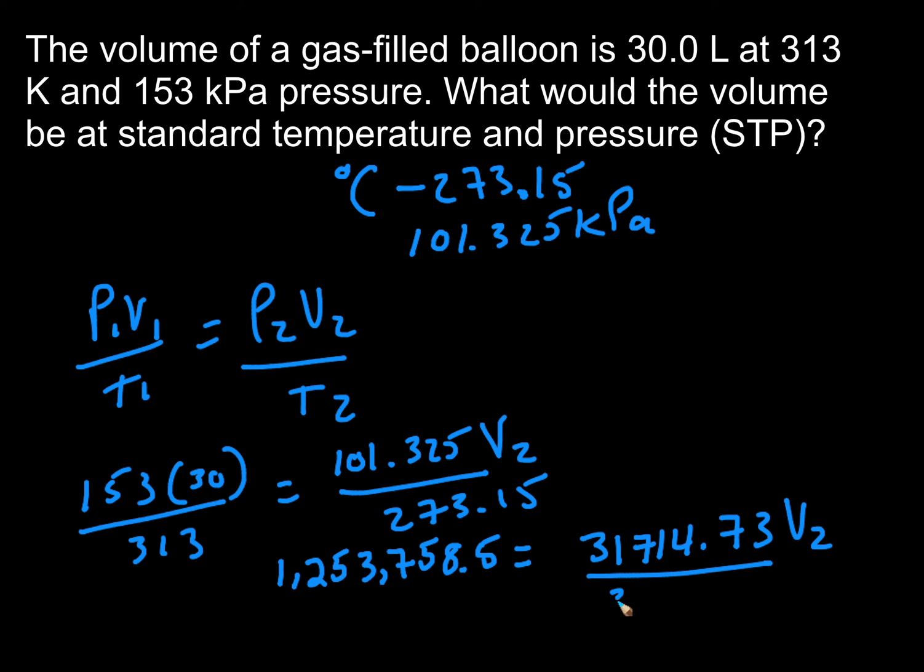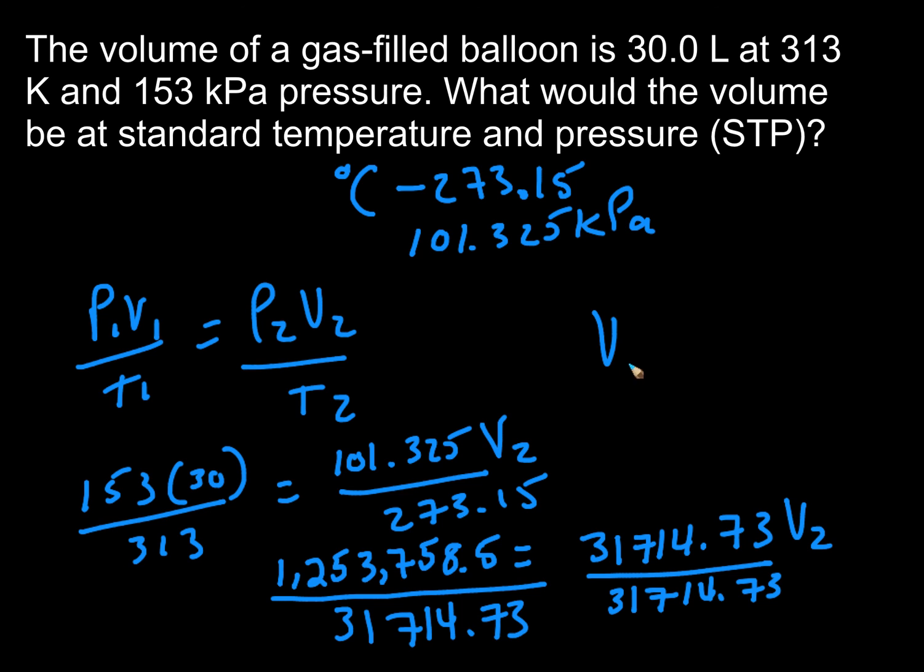So we need to divide both sides by 31,714.73. And you should get around 39.53 liters.